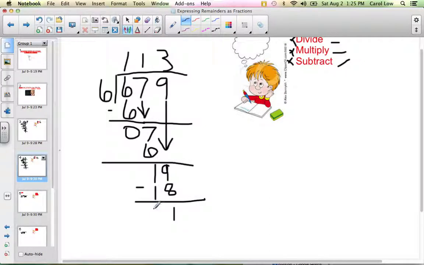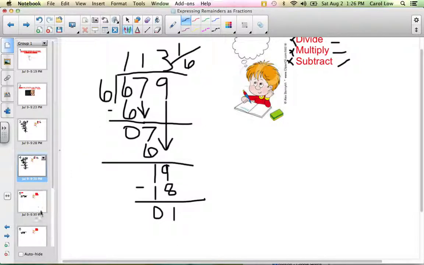And 1 take away 1 is 0. And there aren't any more numbers to bring down. And since we want the remainder as a fraction, I'm going to put the 1 over the 6. So our answer is 113 and 1/6. Now if it gets a little bit confusing, if I'm going too fast, you can pause it or slow it down or go over it again.